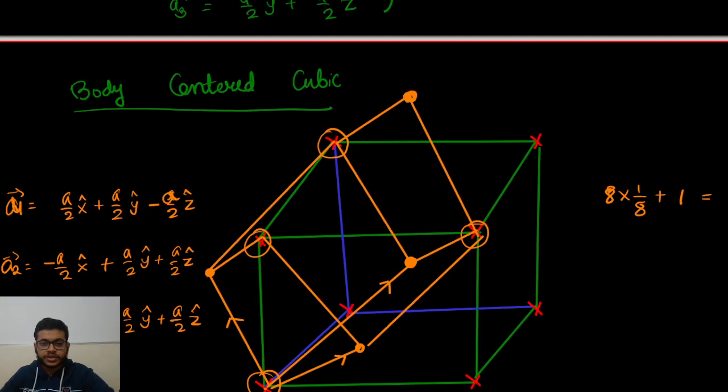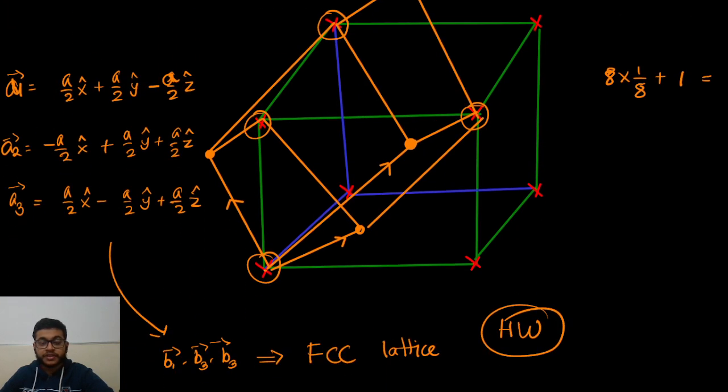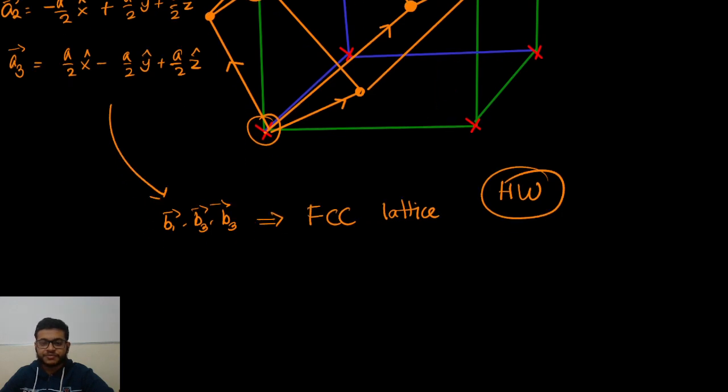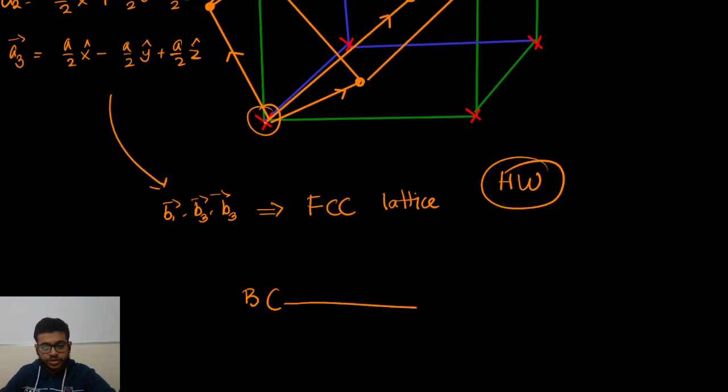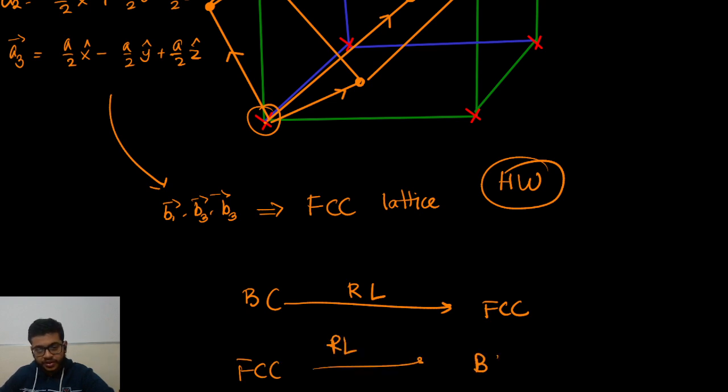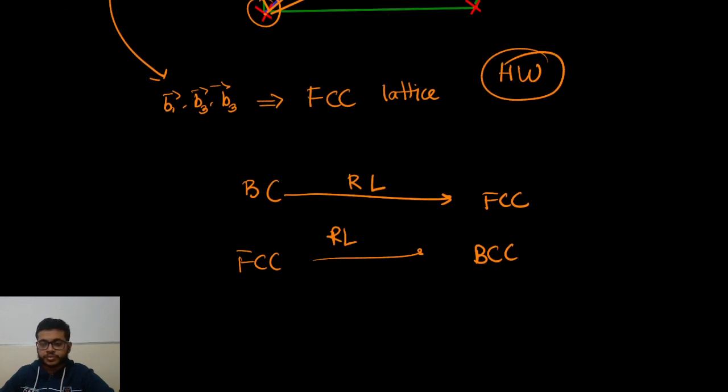So for body centered cubic, the reciprocal lattice will be FCC, and for FCC, the reciprocal lattice will be BCC. Very interesting phenomenon. You can check it for yourself. Just put the primitive lattice vectors into the formula and see what happens.